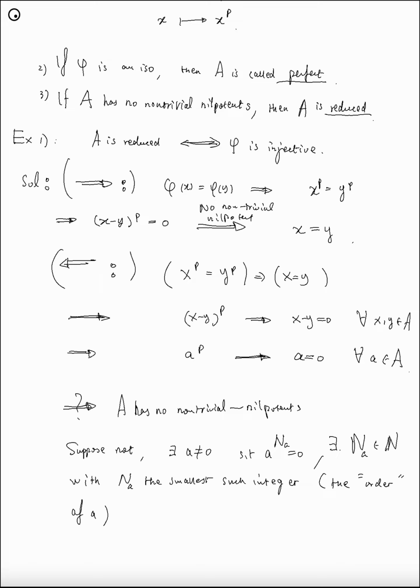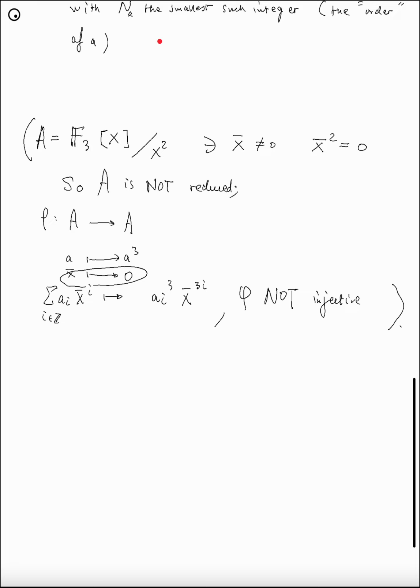And in other words, the order of a, then, let's say, up to multiplying by some s with s bigger or equal than 0, less than p, such that n plus s is divisible by p, right?